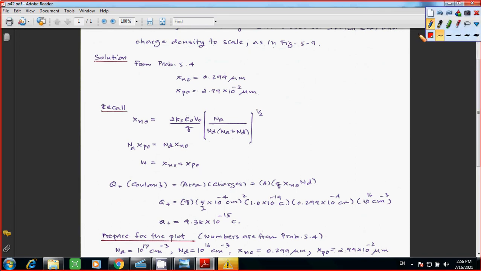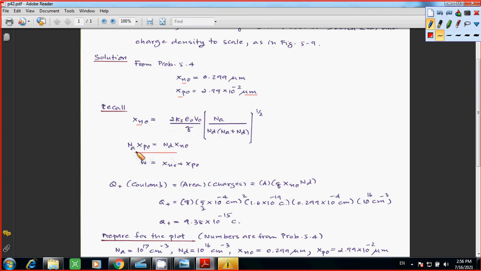Well, from problem 5.4, we have xn0 equal to 0.299 micrometer and xp0 on the p side, that's 2.99 times 10 to the minus second micrometer. And you can also recalculate xn0 by using this expression.